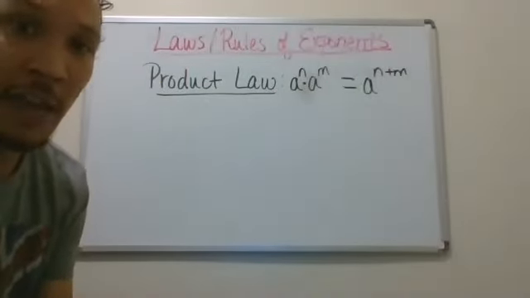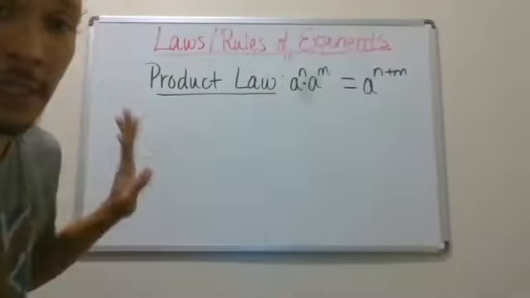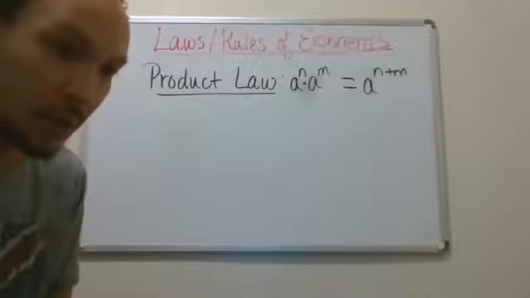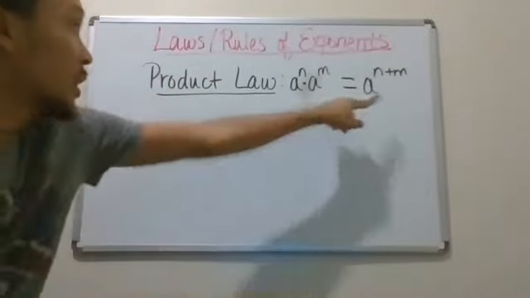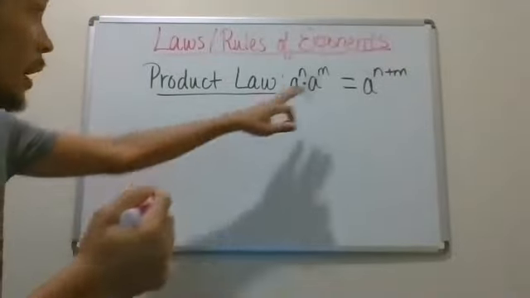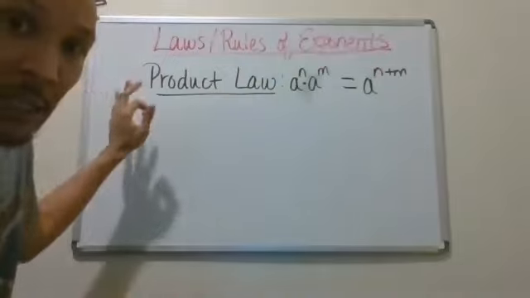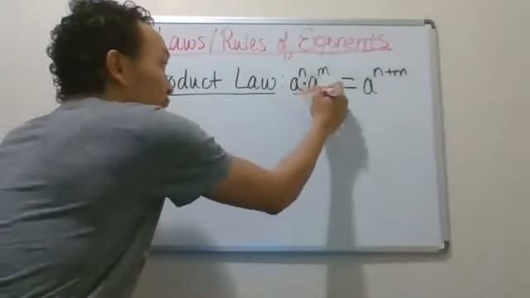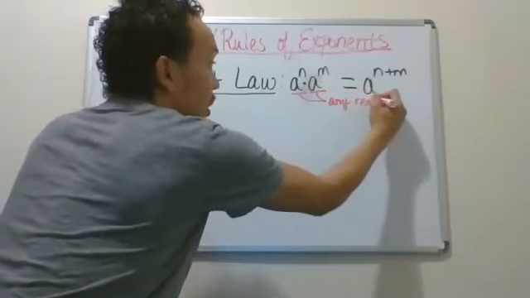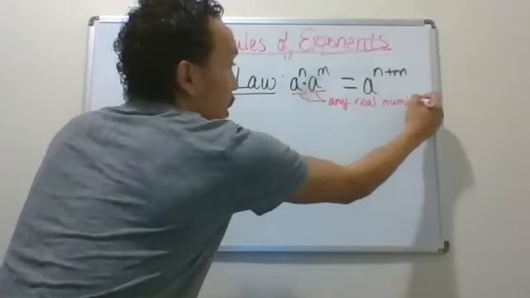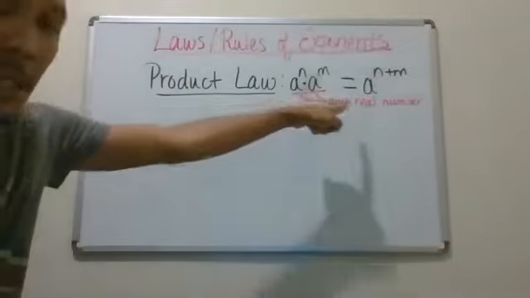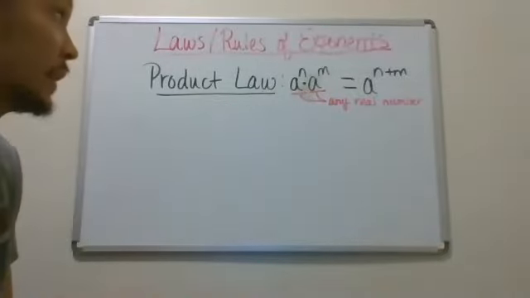Here, a is my base, and from our integer exponents definition, it can be any real number that we may choose.